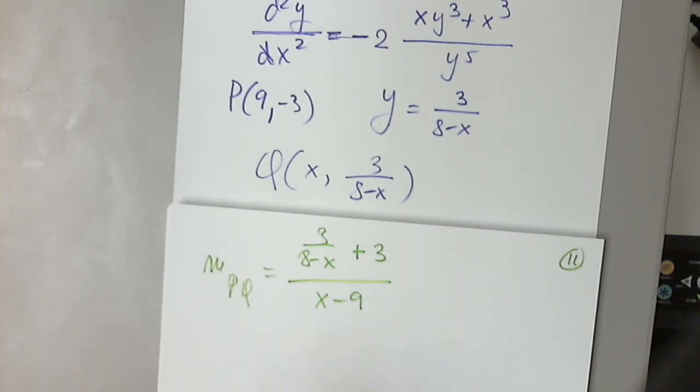And they want us to create a table. So I will put this, whatever you see, directly in the graphing calculator. So let's go to y equals. I have a question. Yes? Is y given to us, the y equals 3 over 8 minus x? That's the function, yes.